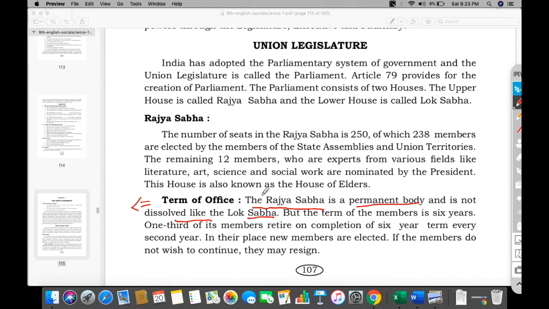So what do you mean by dissolving of Lok Sabha? Dissolving of Lok Sabha means Lok Sabha is a house of people where an elected government has to be there. Government elected by people has to be there. So currently in Lok Sabha, the BJP government is there, because people gave 303 seats to BJP. The number of seats in Lok Sabha now is 543.